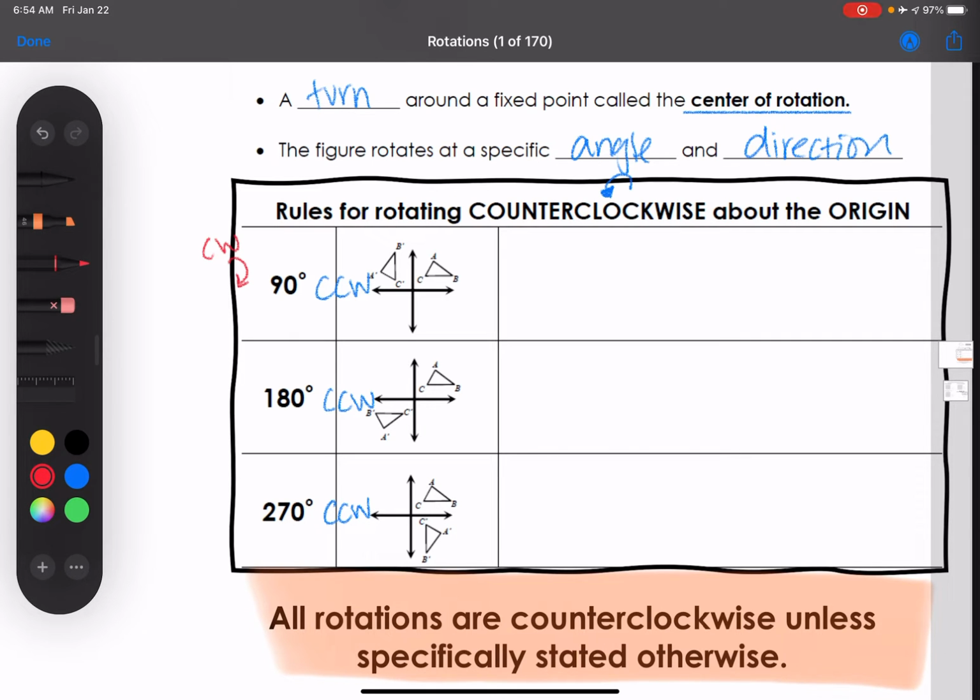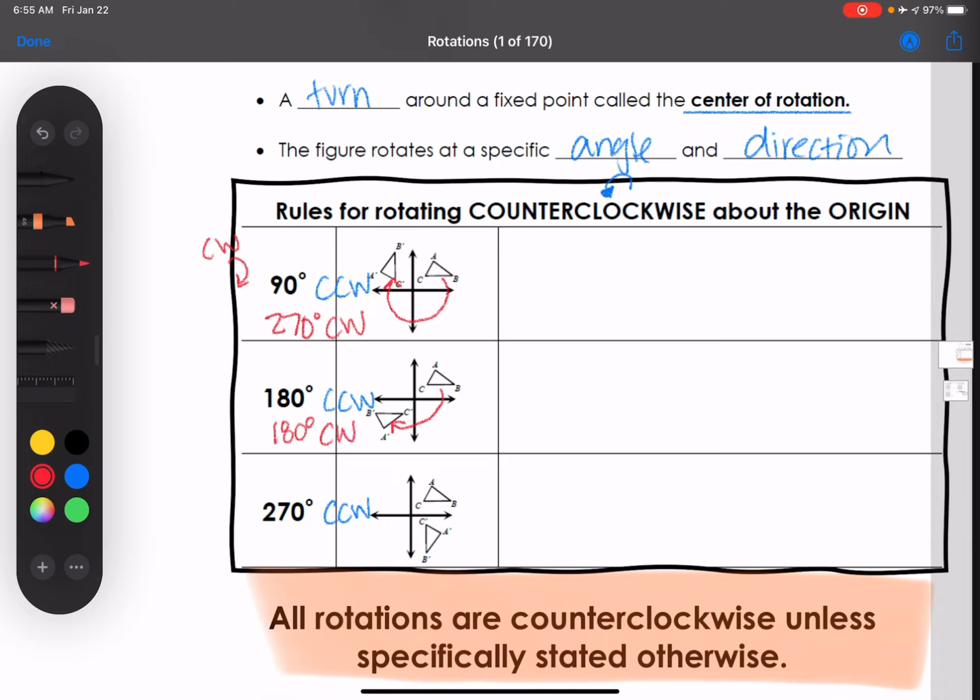So if I was going to the right, to get to 90 degrees counterclockwise, I would have to go 1, 2, 3 90-degree quadrants, meaning 270 degrees clockwise. I would have to go 1, 2, which would be also 180 degrees clockwise.